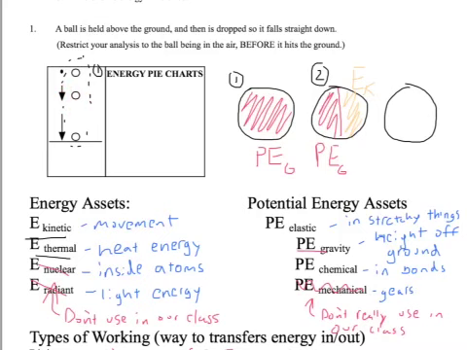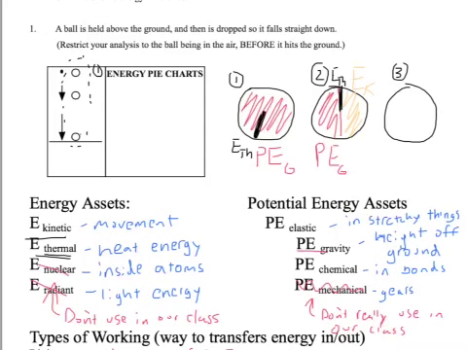Now some of you might say that, well, everything has thermal energy, so you can say that it has a little thermal energy here because that object is not at absolute zero. And then this one will also give it a little bit of thermal energy. Now, in step 3, we are looking at the ball right before it hits the ground.